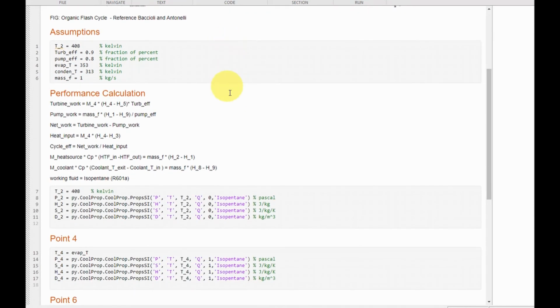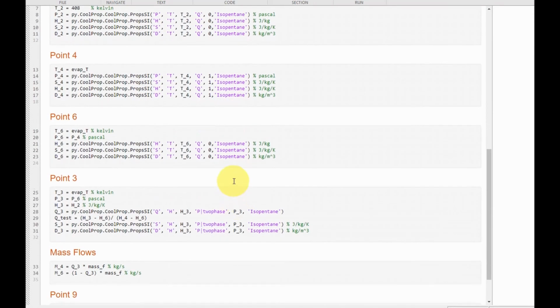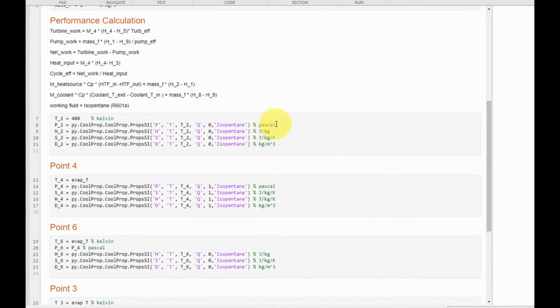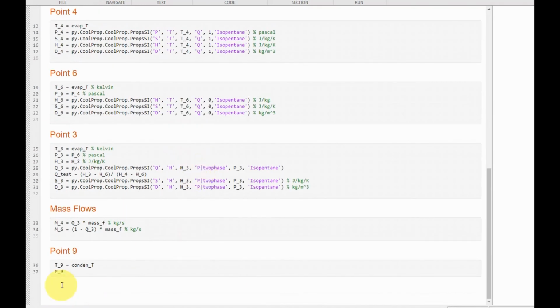So we could use Q equals 0. So I'll just copy one of these for P9, because that's what I'm looking for, the pressure, and paste it here. So that's P9 and this becomes at T9.